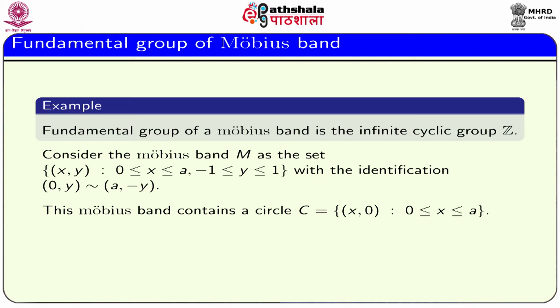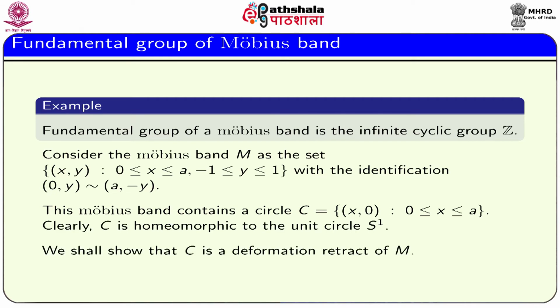This Möbius band contains a circle C as the collection of all points x, 0 such that x lies between 0 and a. Clearly, C is homeomorphic to the unit circle S1. Now, we shall show that C is a deformation retract of the Möbius band M.